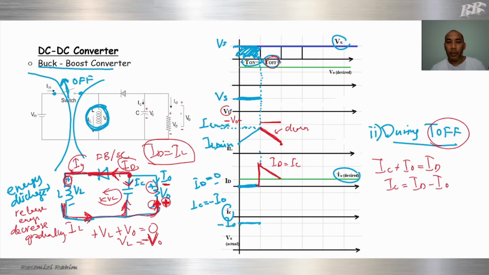Let's say this is our ID and this is our I naught, so it will shift like this, ID minus I naught. At this point, ID is equal to I naught, so IC equals 0. So just follow the same slope, you will be like this.